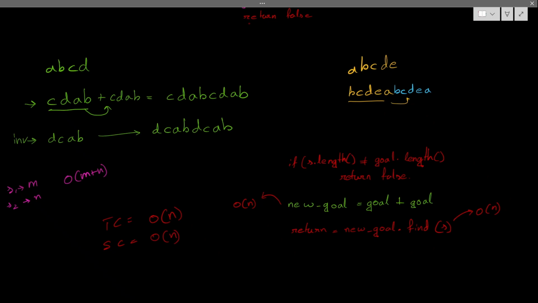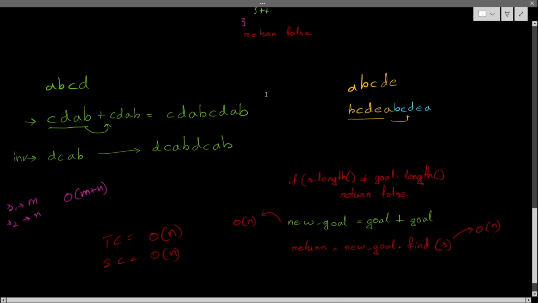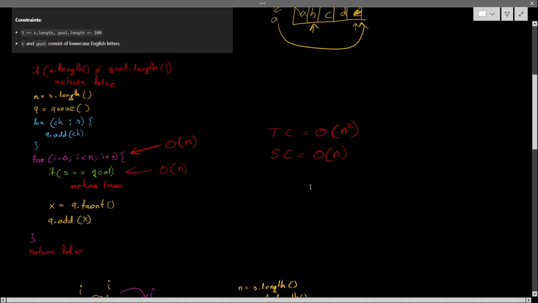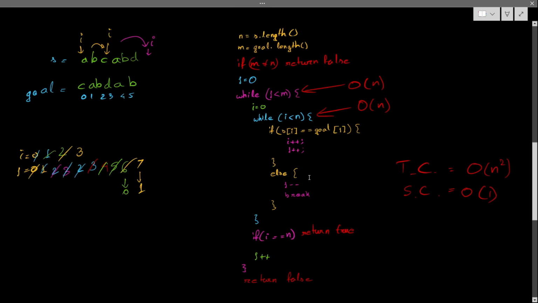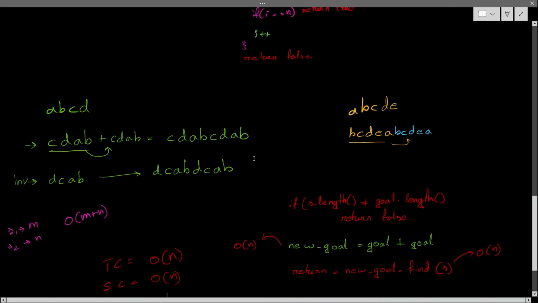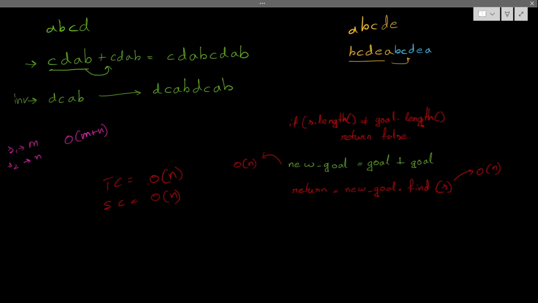But you can see in the first approach we were taking big O of n space complexity, but the second approach reduces the space complexity. So we can say this is much better compared to the first approach. Here we are taking only a constant extra space, and if it is a string, you can consider this as big O of one, irrespective of characters.